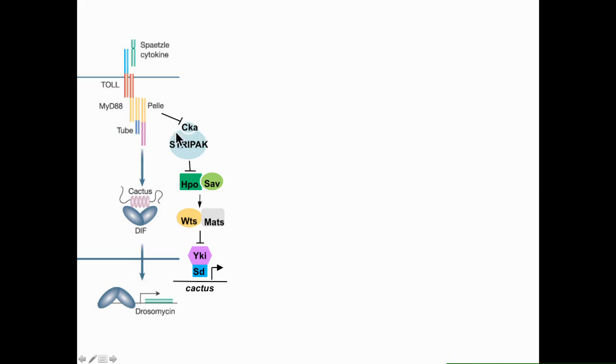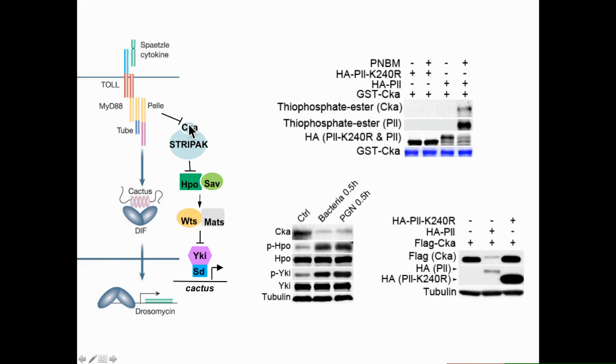In particular, one of the subunits of this PP2A complex, called CKA, turned out to be a direct substrate of the Pele protein. I should show you some in vitro data demonstrating that Pele can directly phosphorylate CKA in vitro, but not a kinase-dead version of the Pele protein kinase.